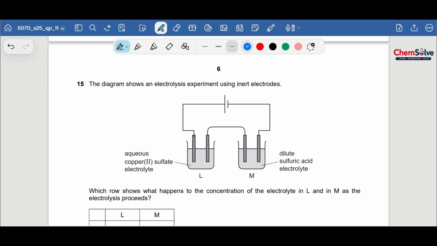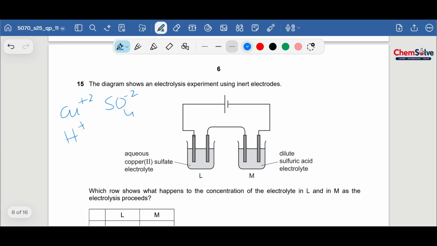Both are with inert electrodes. So let's write down our own equations and ions. Copper sulfate will have Cu2+ ions and SO4 2- ions, and it is aqueous, so it will have water in it as well.